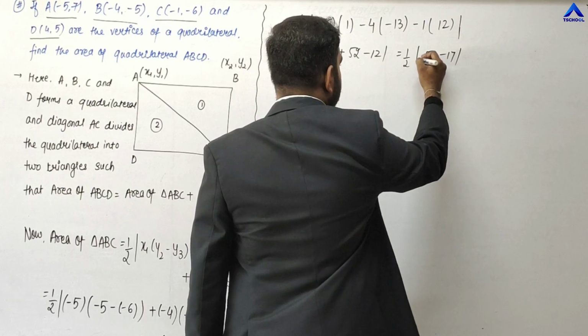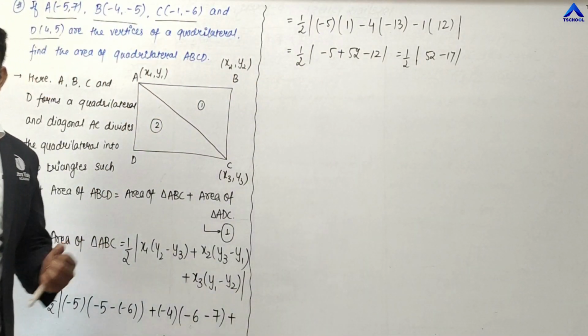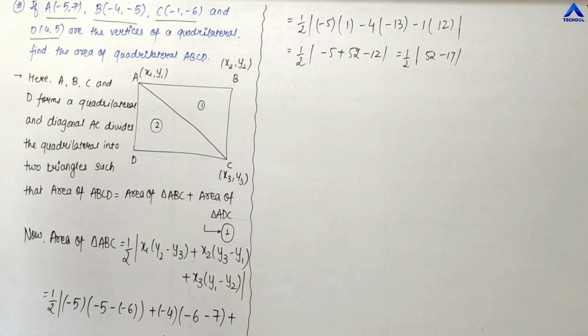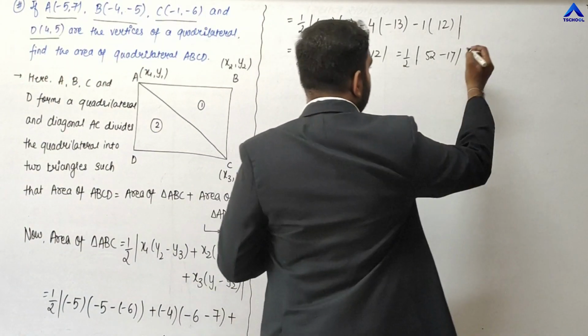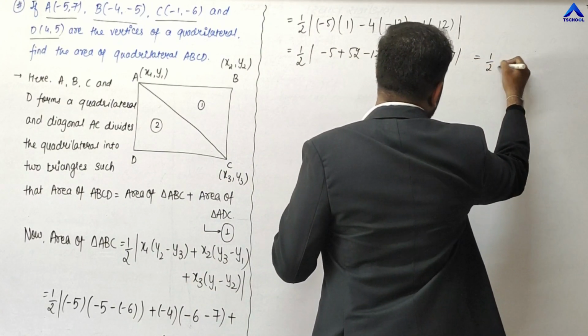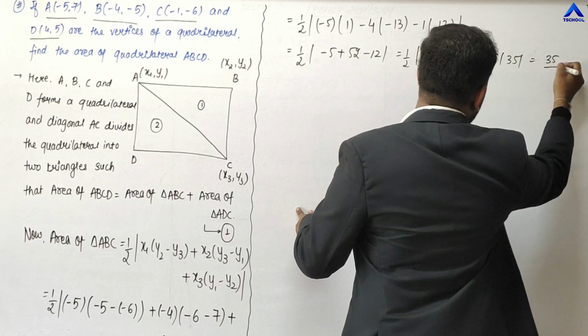What is 52 minus 17? 50 minus 17 is 33, plus 2, 35. So that is equal to half modulus 35, which is equal to 35 by 2.